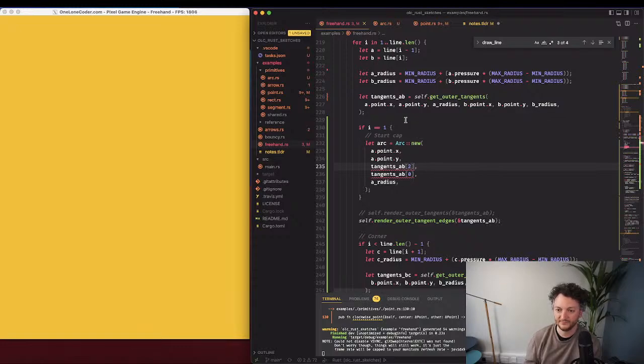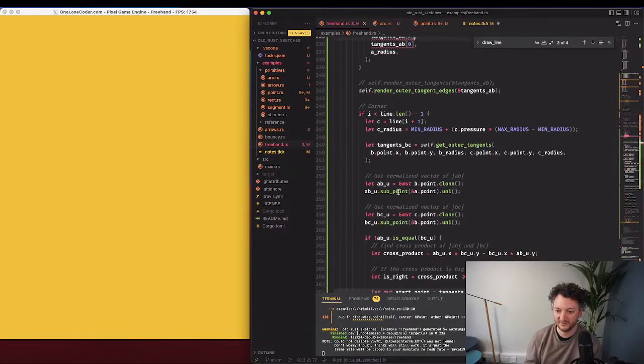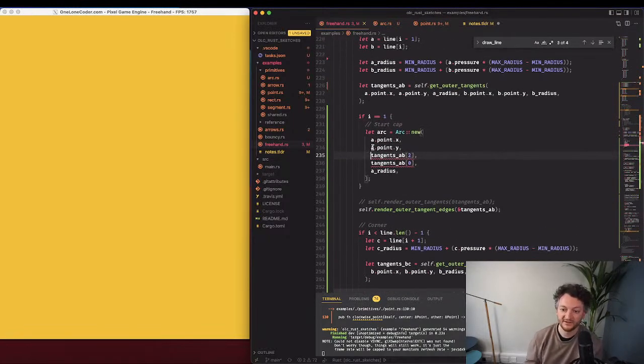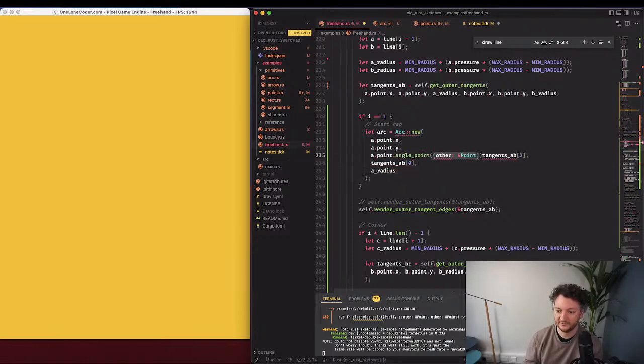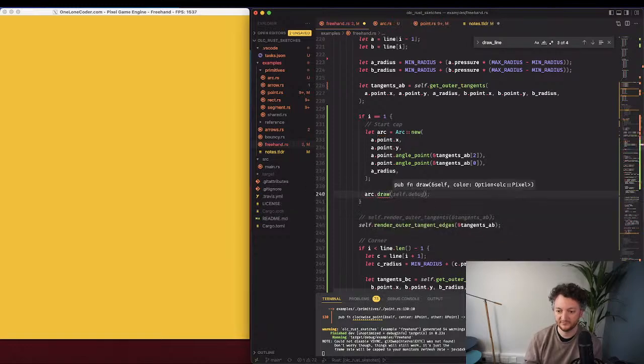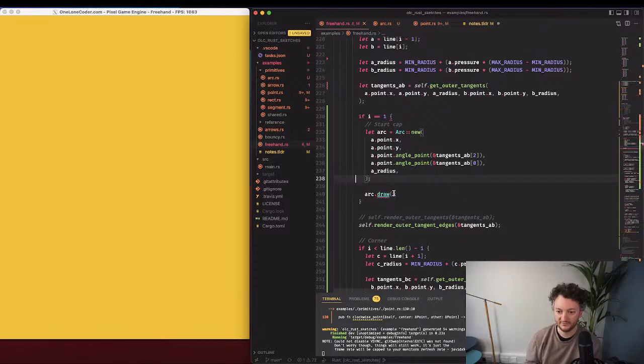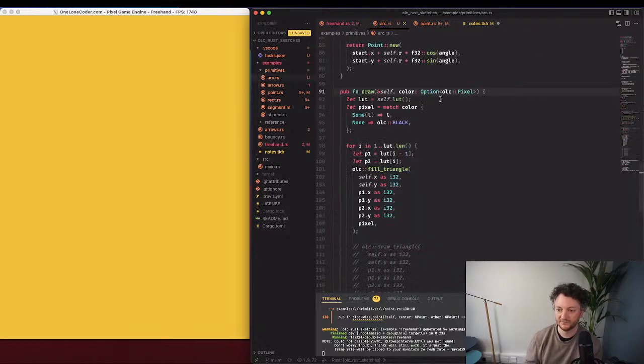Oh yeah. Now we need to do the angle between a.point, angle points, tangents AB2, and then AB0. And then let's say arc.draw. We want this to be olc black. We also want to get rid of this option. It should always be a pixel.